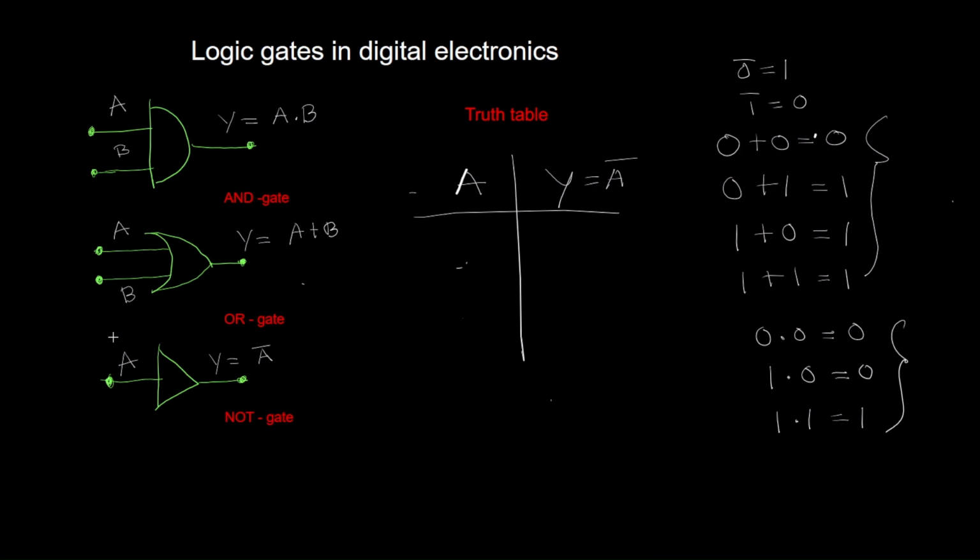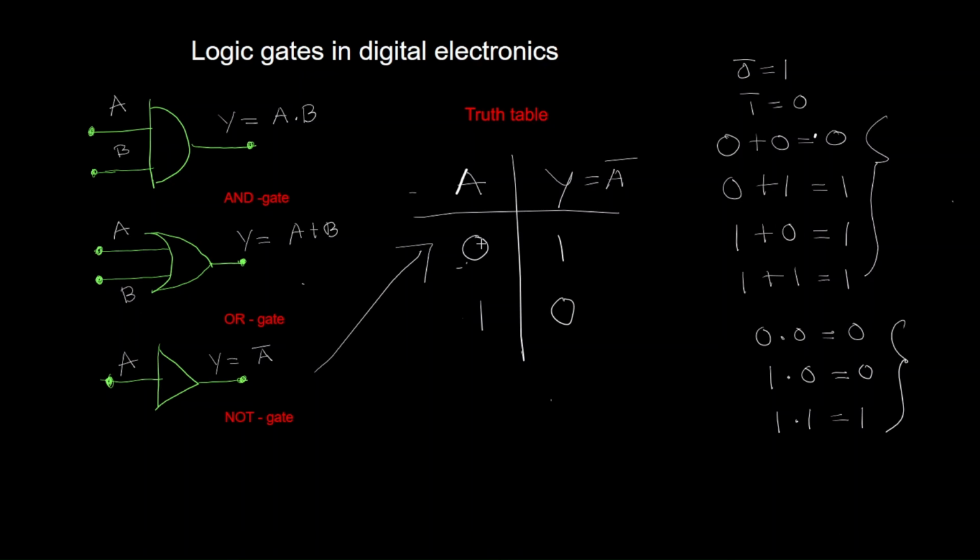So we are writing 0 and 1. For 0 you will get 1, and for 1 you will get 0. Basically, here we are getting the complement version of the input.